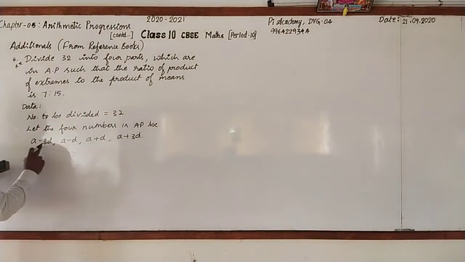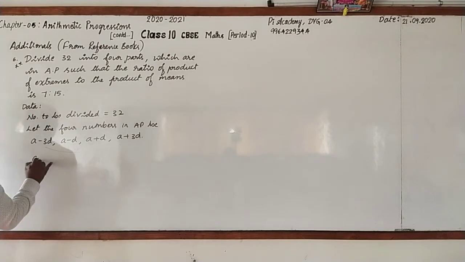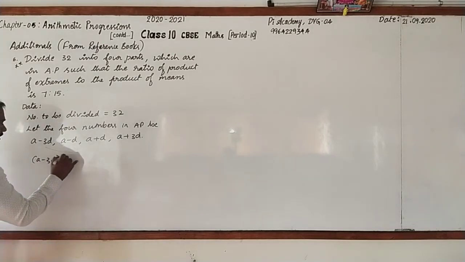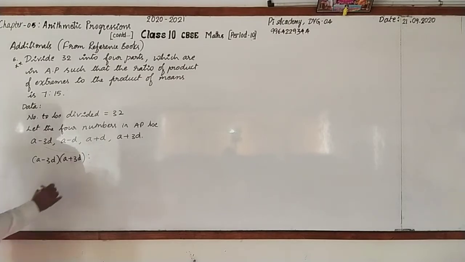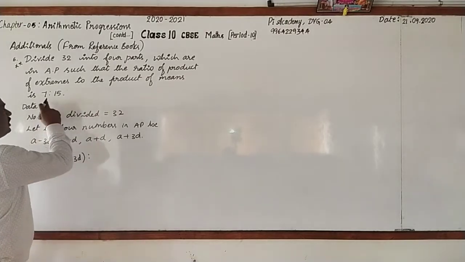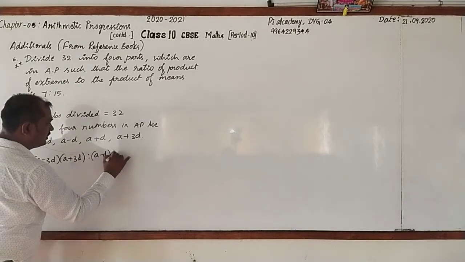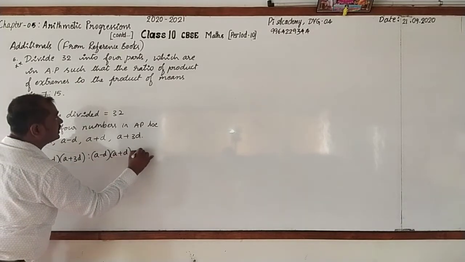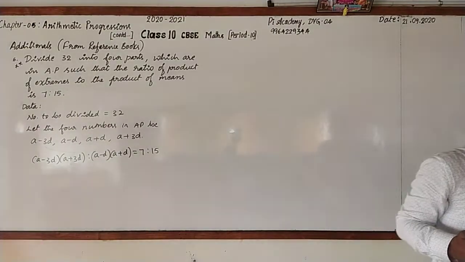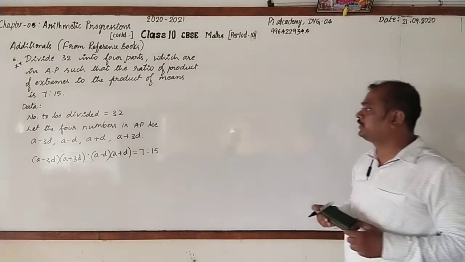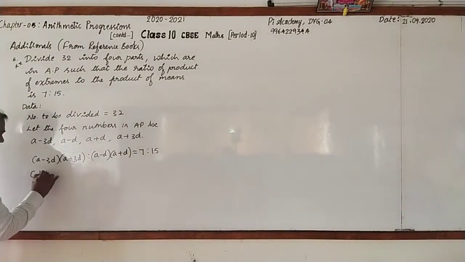Here the end terms are a minus 3d and a plus 3d. Their product, a minus 3d into a plus 3d, is to the product of means, the middle terms, a minus d and a plus d. What is that ratio? 7:15. Correct. Now, let us go for calculation.